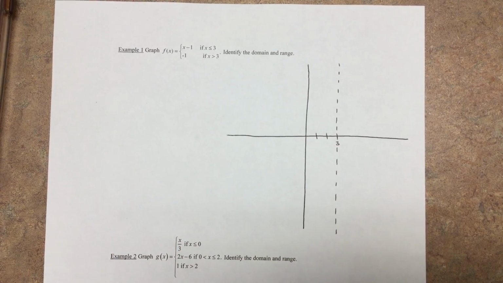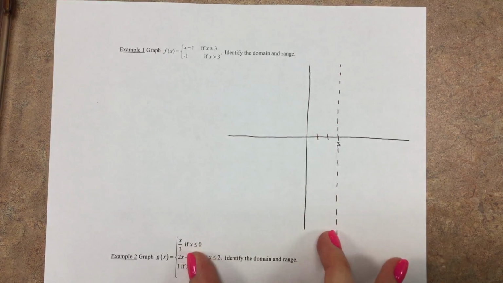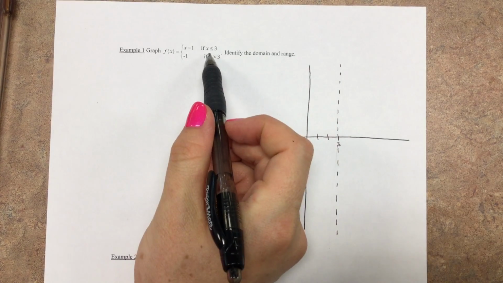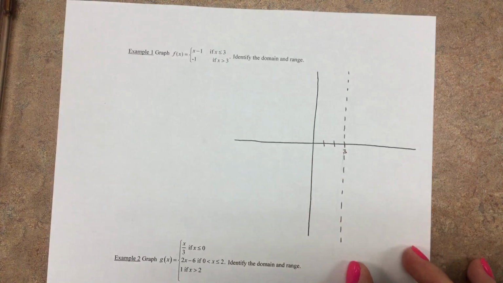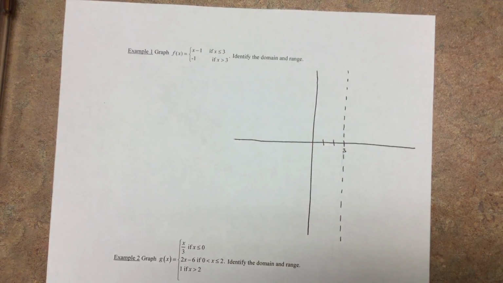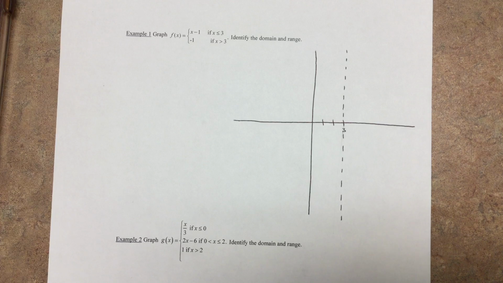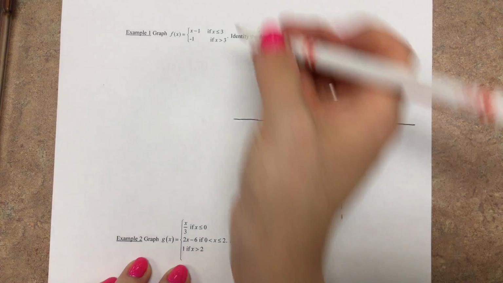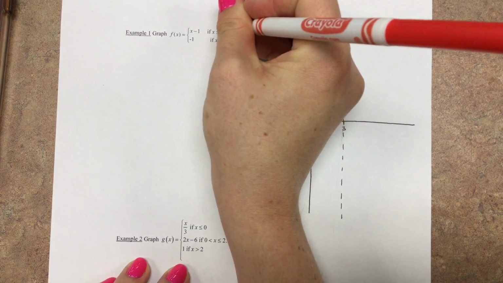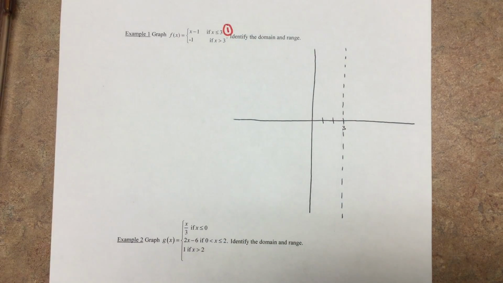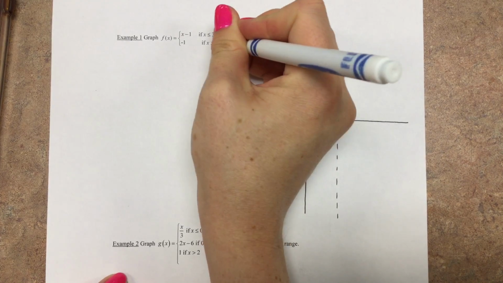All right, so there's now a fence, there's a dividing line between the property where x minus 1 lives for values that are less than 3, and then the property where -1 lives, which are for x values that are greater than 3. All right, so I'm going to keep everything color-coded, and I think that'll kind of help you guys to keep everything organized. So if you do have multicolors, that would be a great use of them right now. So this is graph number 1 right here, and then this is graph number 2 right here.